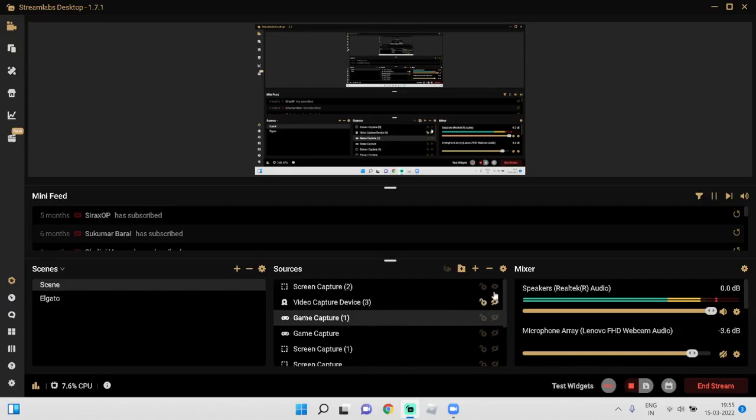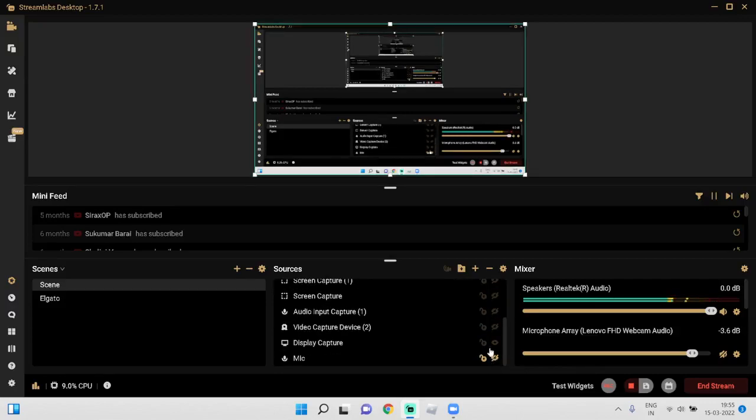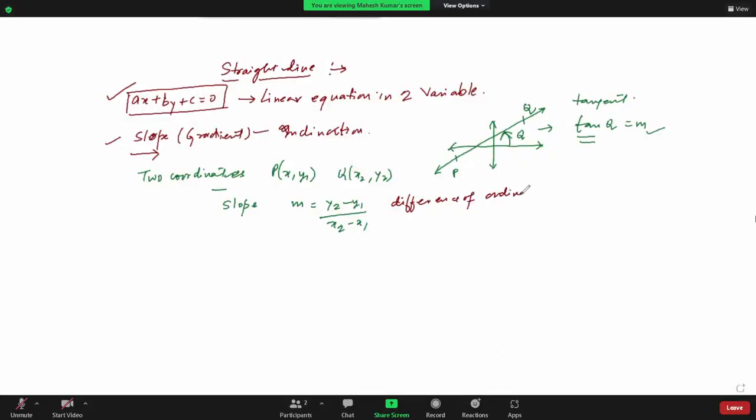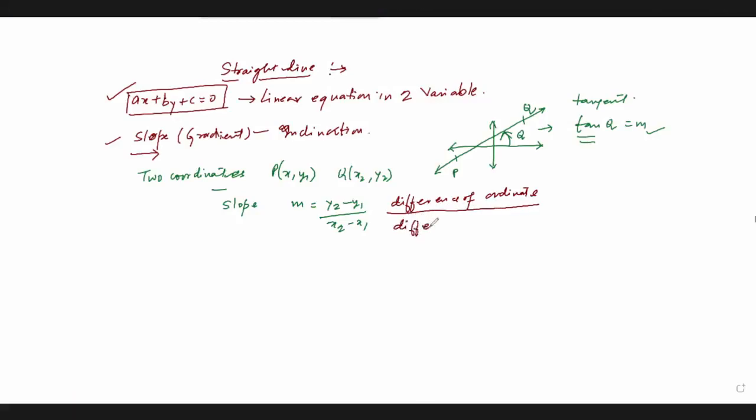In other words, a difference of ordinate divided by difference of abscissa. When we talk about a coordinate, this x is known as abscissa and this y is known as ordinate. The ordered pair of abscissa and ordinate is known as a coordinate.